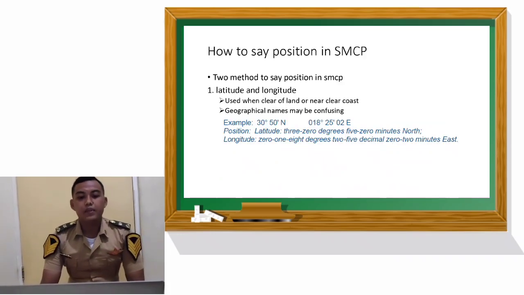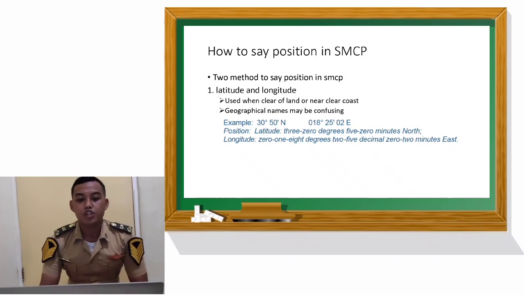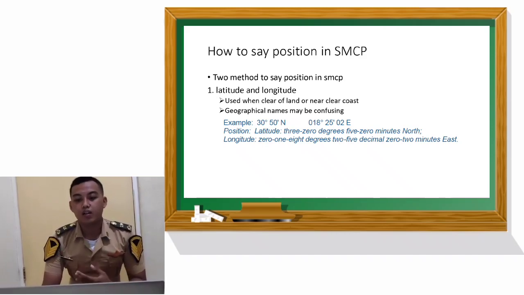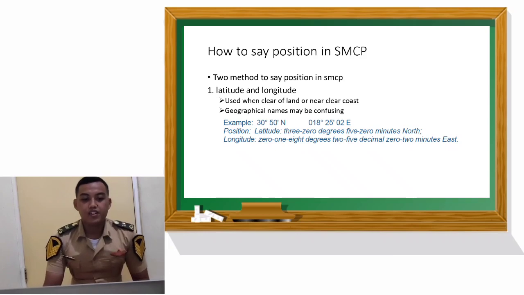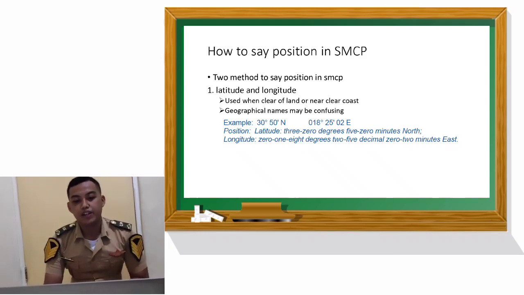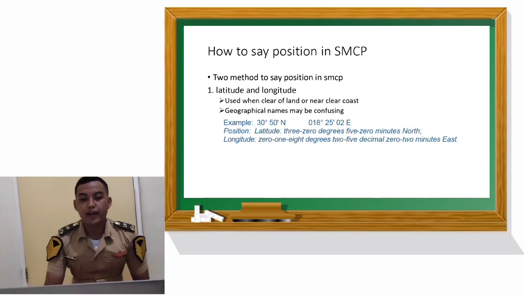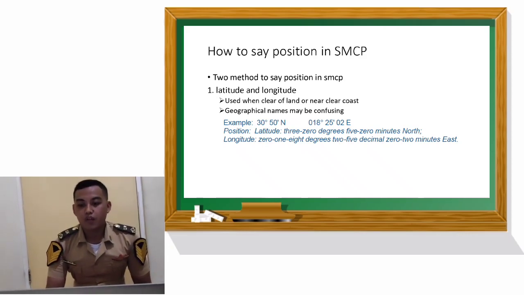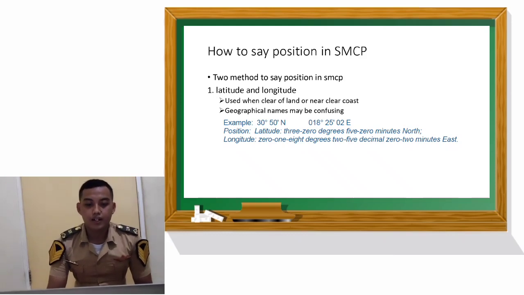There are several methods used to assign position. 1. Latitude and longitude. Latitude and longitude can be used when clear of land, near a clear coast, and when geographical names may be confusing. 2. Bearing and distance. Bearing and distance can be used when near land or a sea mark, and when there is a possibility of charts with different datums being used.